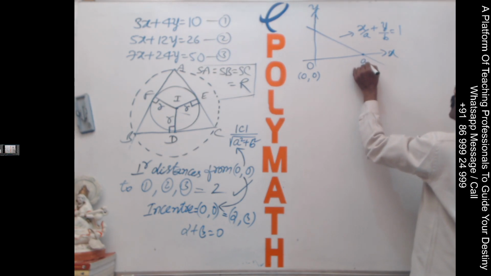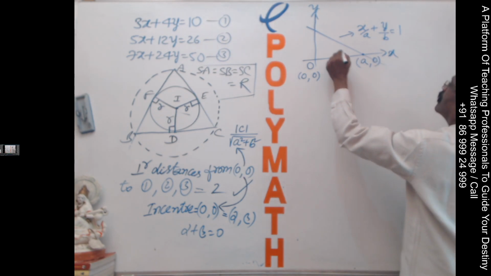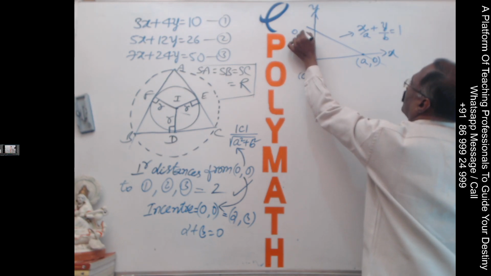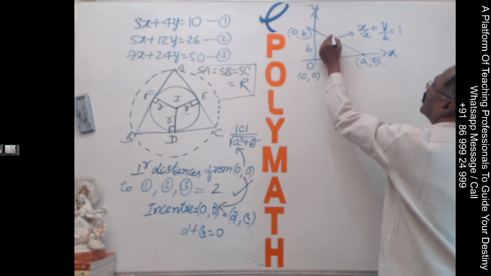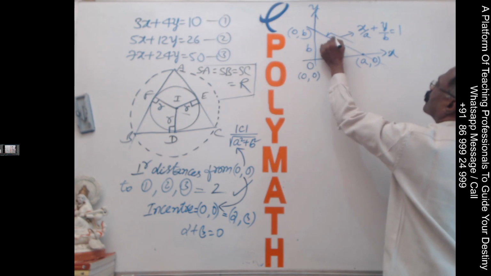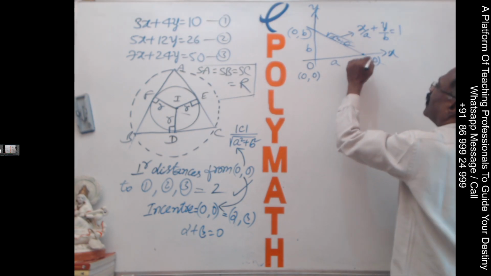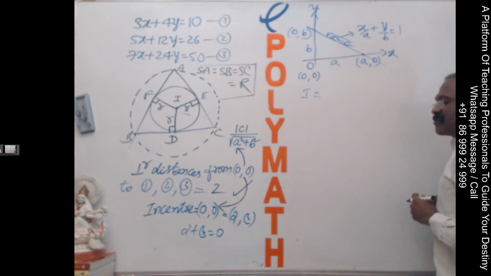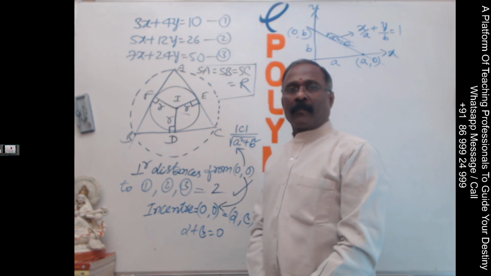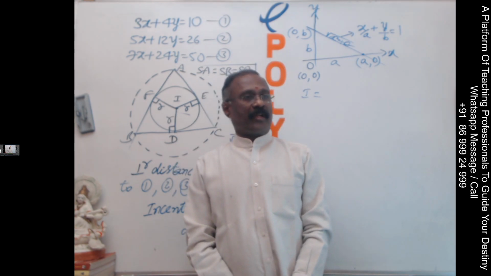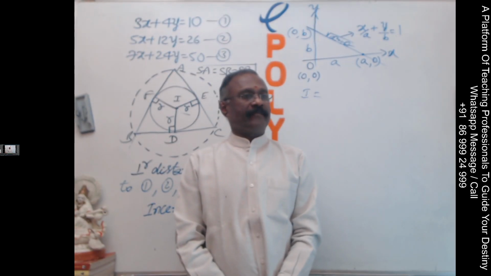This is a comma 0, this is 0 comma b. Obviously this length becomes a, this length becomes b, this length becomes root over a square plus b square. In center in the special case. What is the special case there?